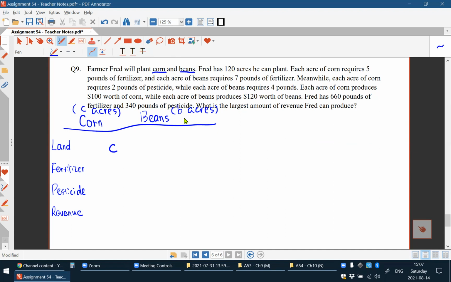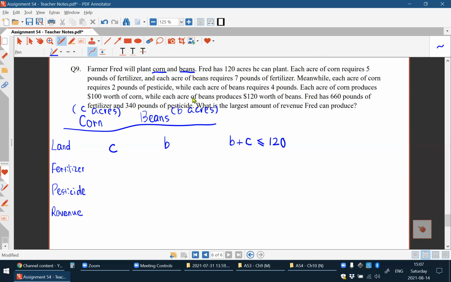And if you plant B acres of beans, the land size the beans occupied should be B. Remember that the total size of the land is 120. That means the total land size, B plus C, cannot exceed 120. So B plus C should be smaller than or equal to 120, right?